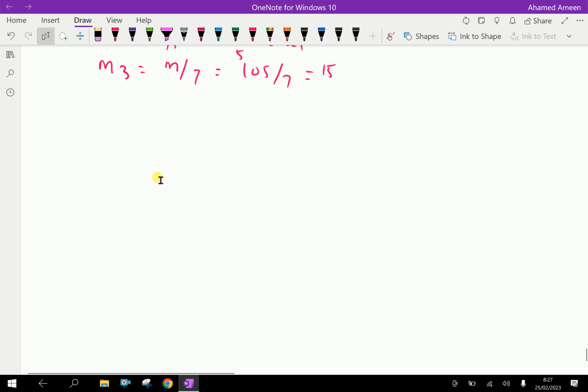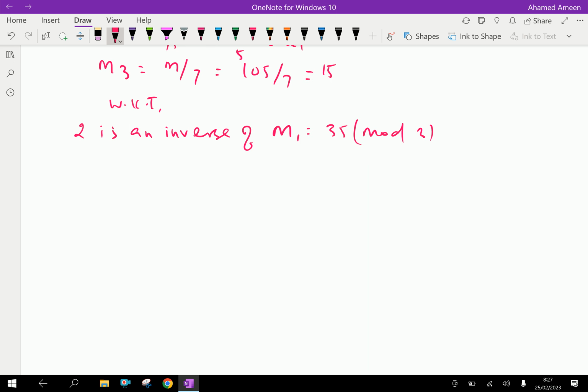Now we know that 2 is an inverse of M1, which is 35 mod 3.